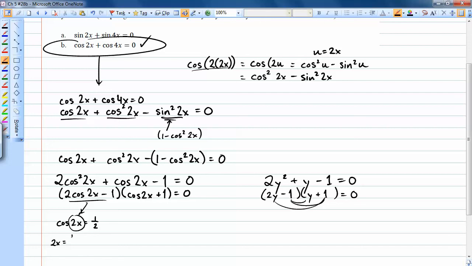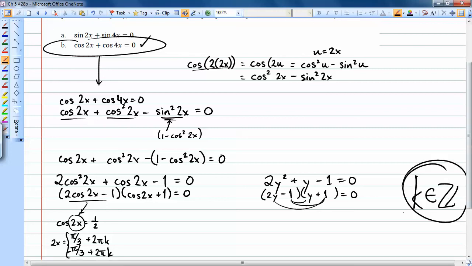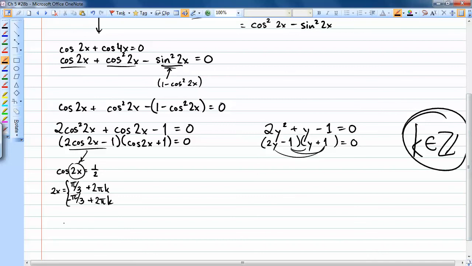That's going to be at pi over 3 or at negative pi over 3 plus 2 pi k. And then I'm just going to put k is in the integers. That way I won't forget it. All right. So this means that x has to be pi over 6 plus pi k. Remember, the 2 divides everything. Or negative pi over 6 plus pi k.